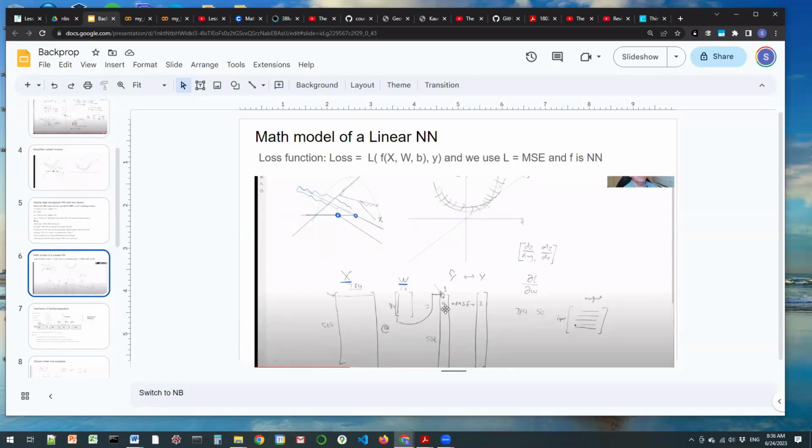Let's assume that the output is a 9, and the actual value of the integer that we know the image is representative of is 2. Then in this instance, we are going to take the mean square error between a 9 and a 2 and use that as our loss.